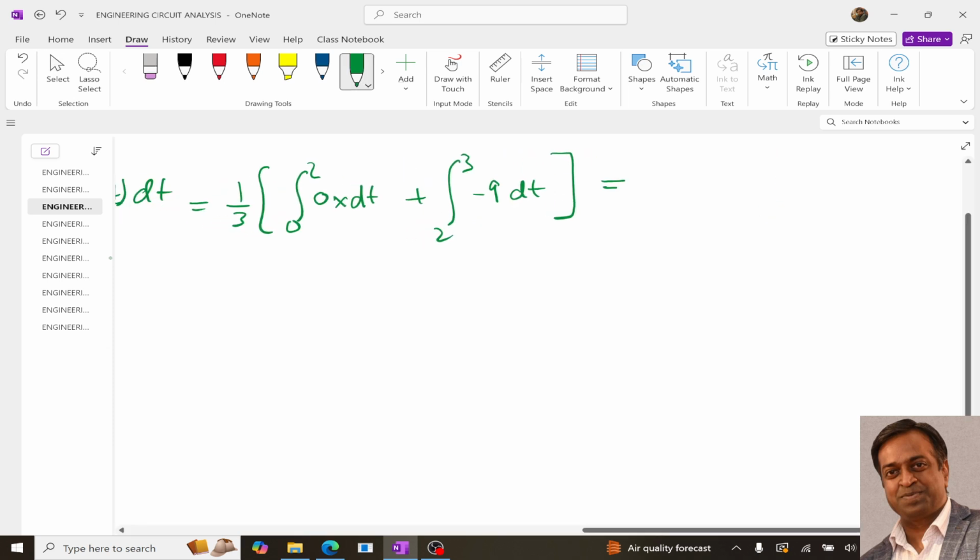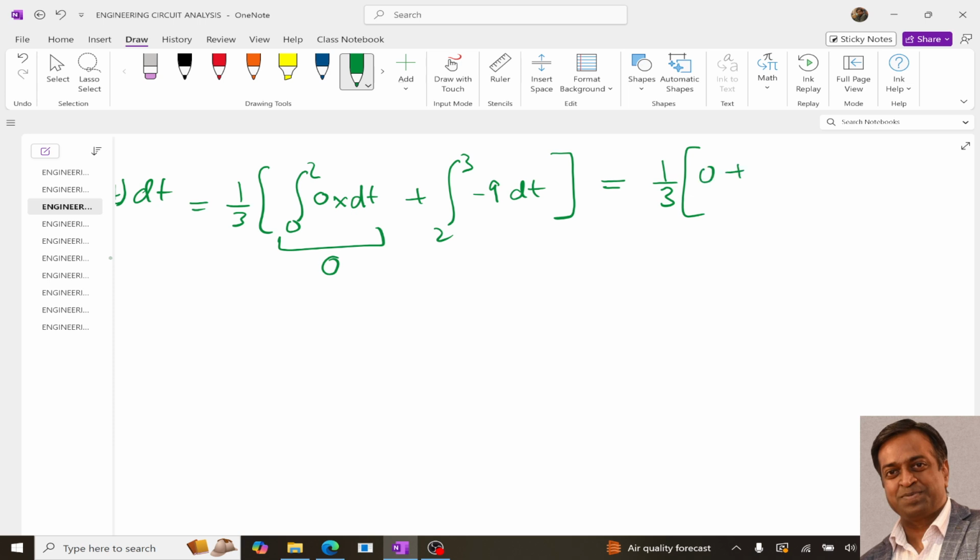Now it is 1 by 3. Since the first expression is 0, it will become 0. Plus, the integration of minus 9 is minus 9t, with limits from 2 to 3.